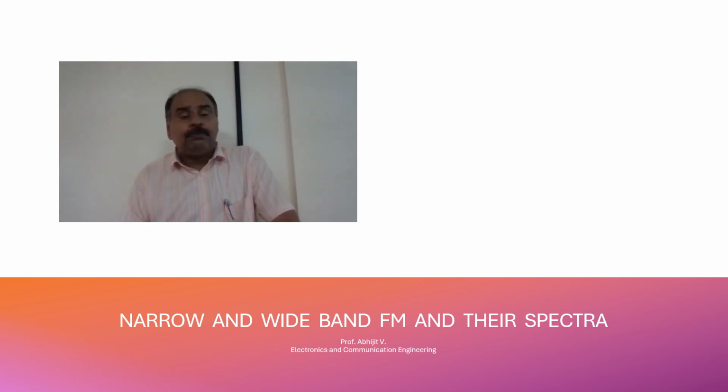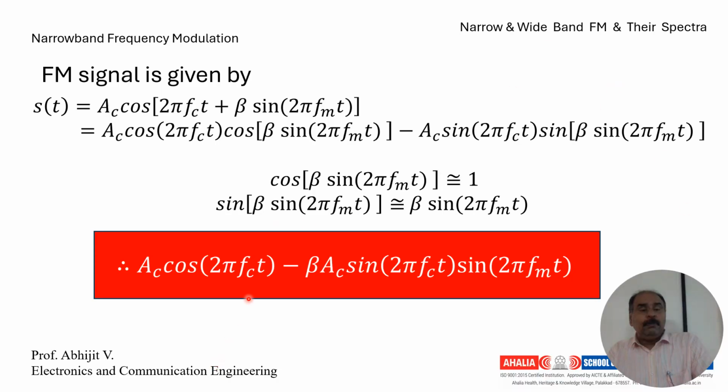To begin with, we'll see narrowband and wideband with their respective spectra. Let us consider an FM signal given by s of t is equal to Ac cos of 2 pi fc t plus beta sine 2 pi fm t.